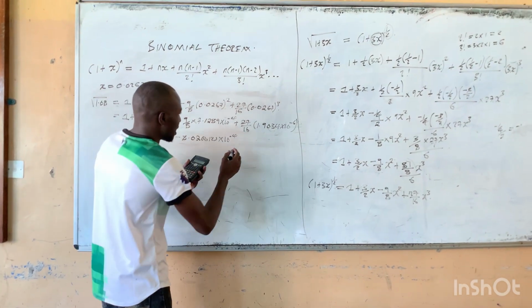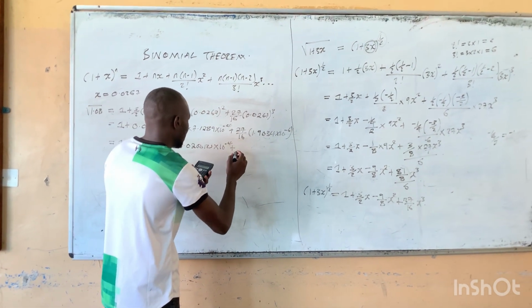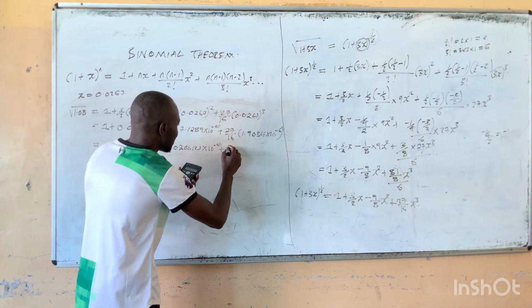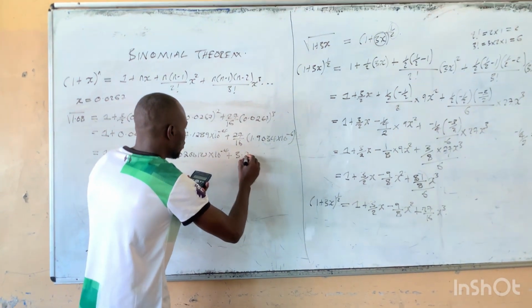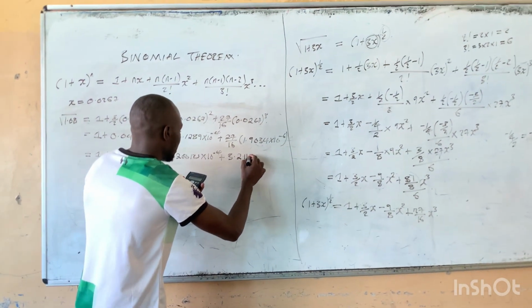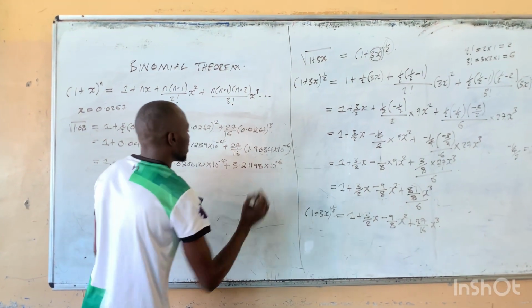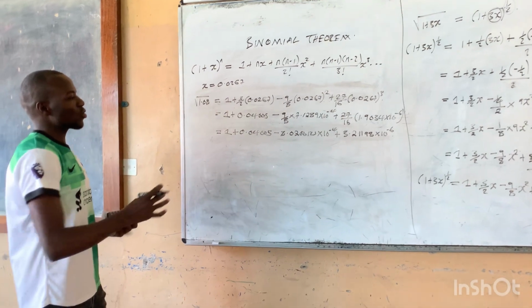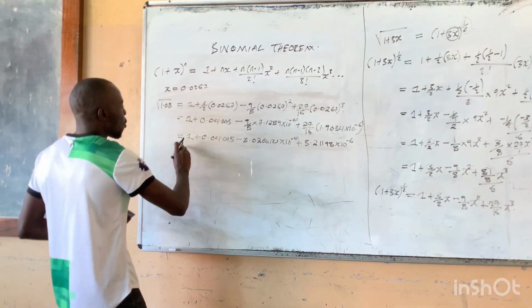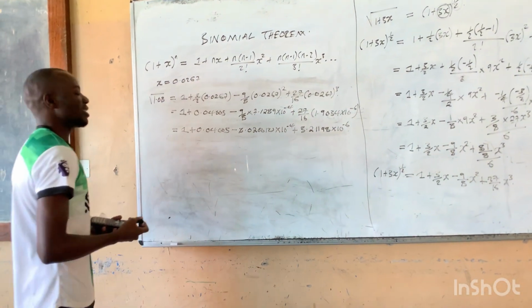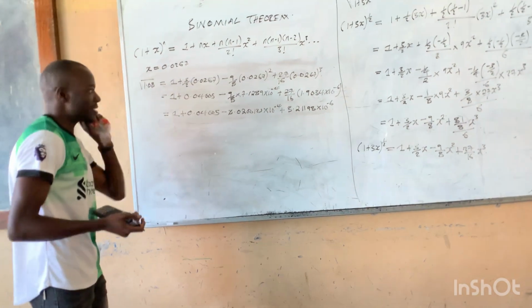So we are getting now plus, because here it's plus 3.21198 times 10 to the power -6. So now what we are going to do here, we'll add the whole of these numbers given here.